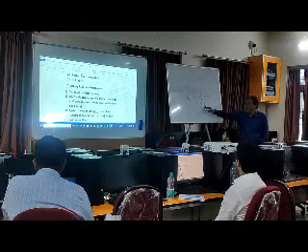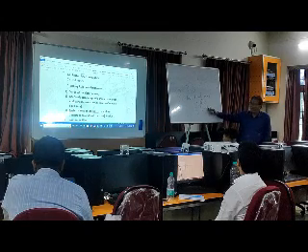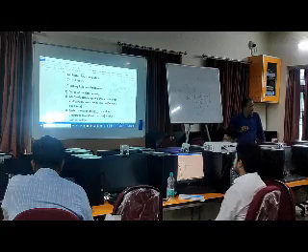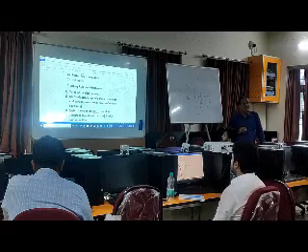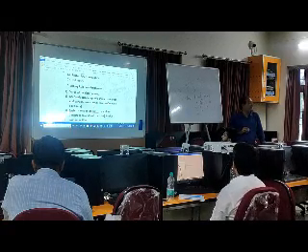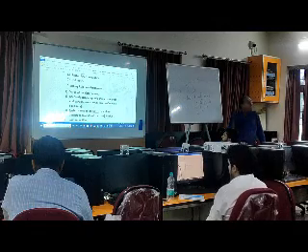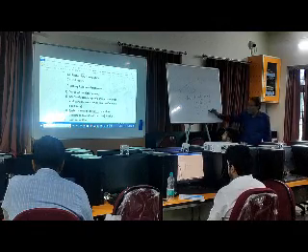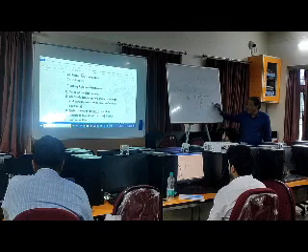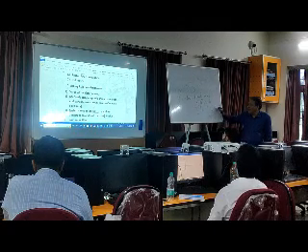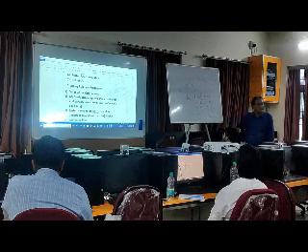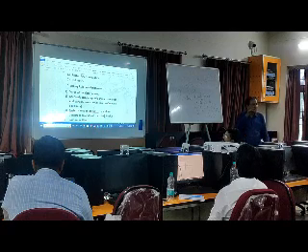So when you take this identity matrix, the value of the determinant is 1. When the determinant is 1, that means the variables are linearly independent, with no multicollinearity. But if I take a matrix with 1 and 0.9 off the diagonal, the value of the determinant is 1 minus 0.81, that is 0.19, which tends to 0.